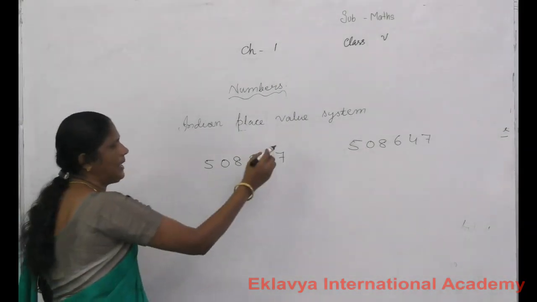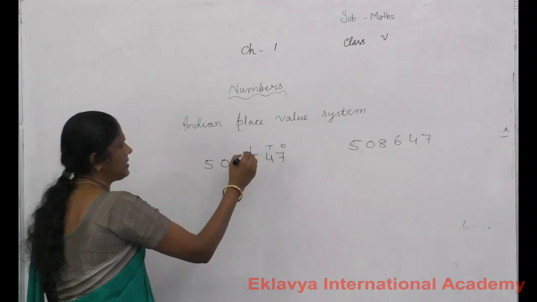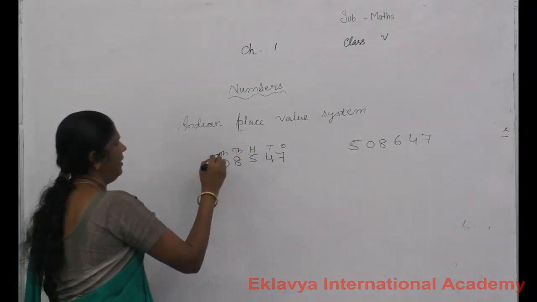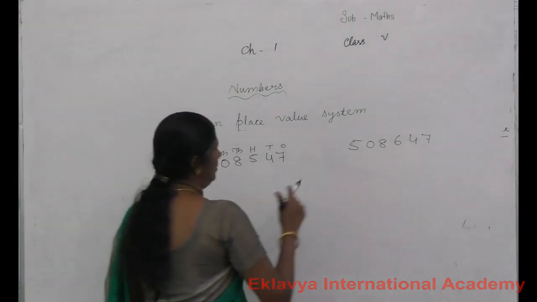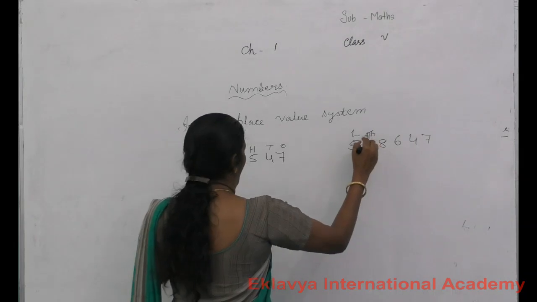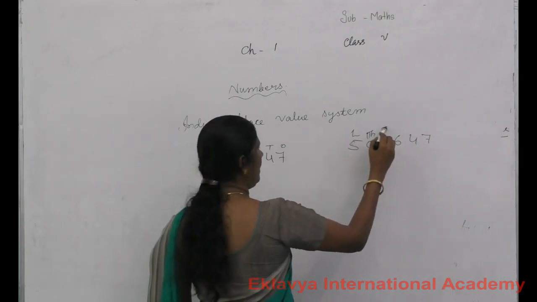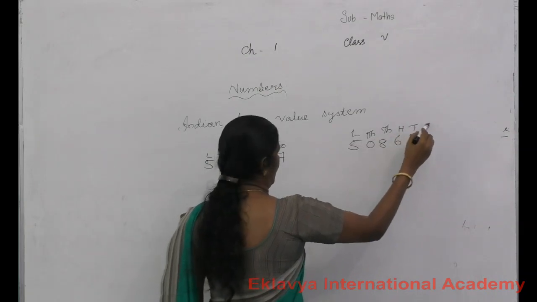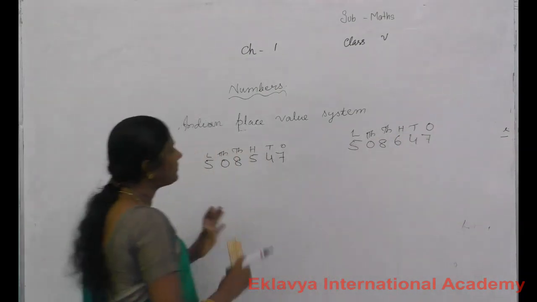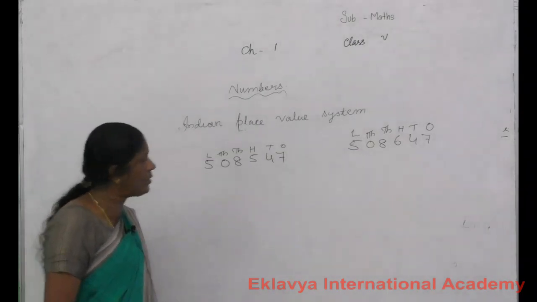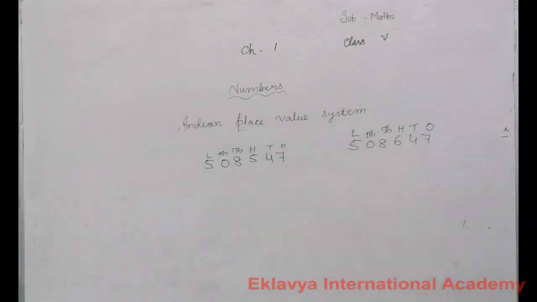Here the places are ones, tens, 100, 1000, 10,000, lakh. Here also lakh. Here the highest place is lakh.